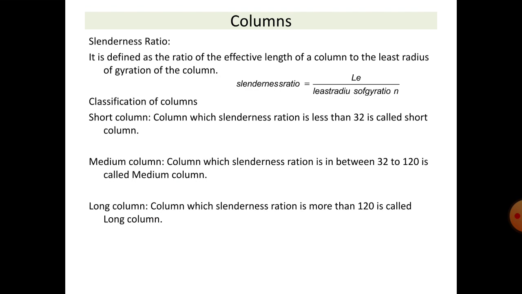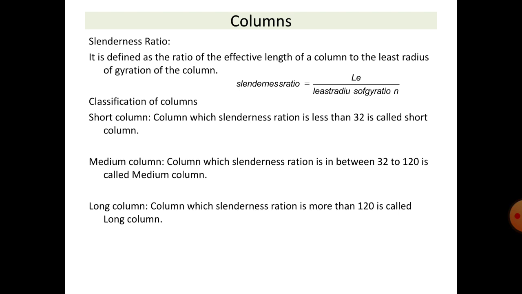Next, there are two or three terms that you have to remember. Slenderness ratio. Slenderness ratio is defined as the ratio of the effective length of the column to the least radius of gyration. So what is this least radius of gyration?